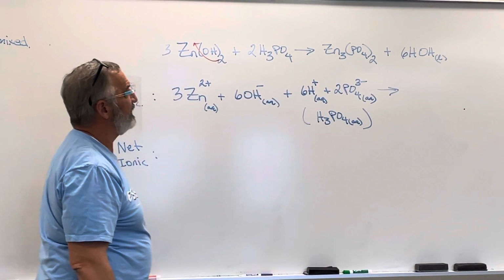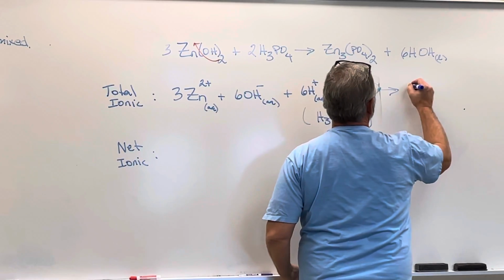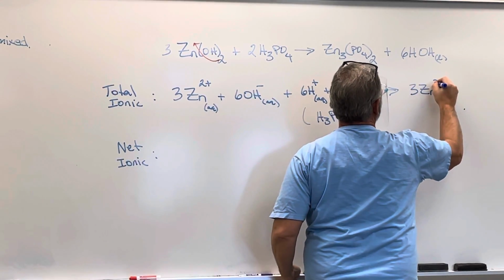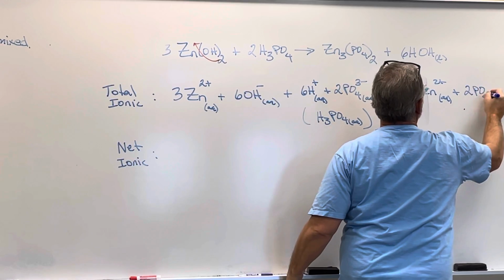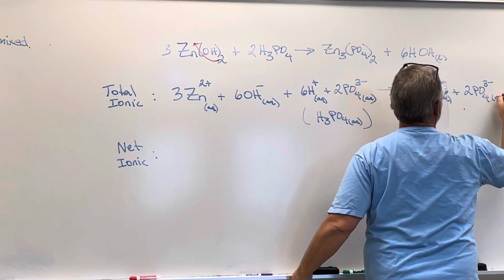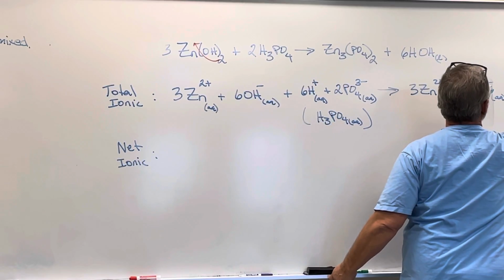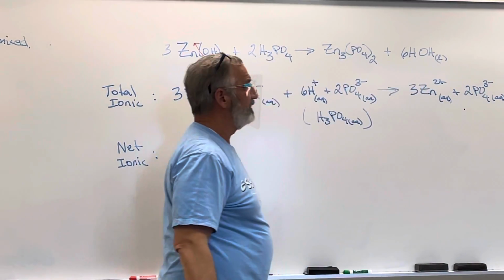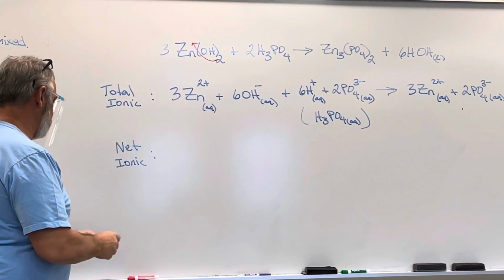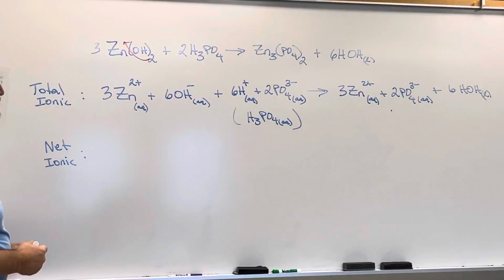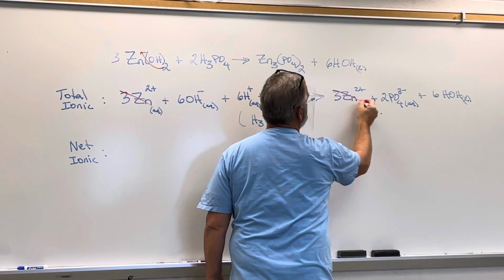So what's this going to make? 3 Zn 2 pluses plus 2 PO4 3 minuses plus 6 waters together. Water never breaks apart. So do I have any spectators? 3 zincs and 2 PO4s.